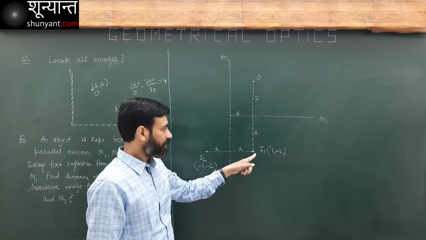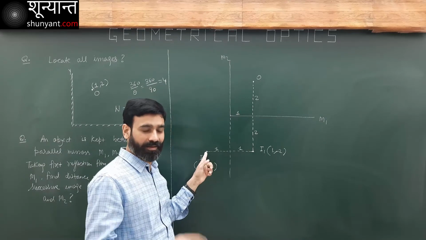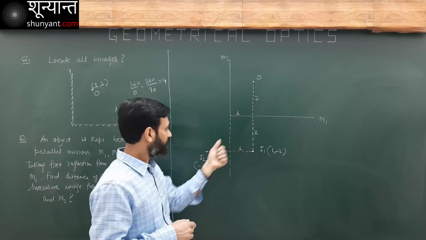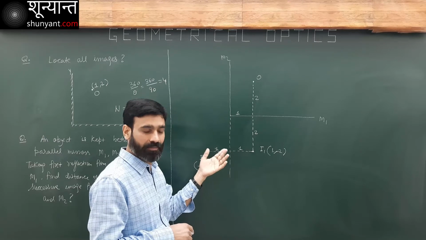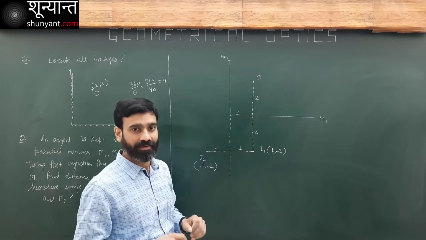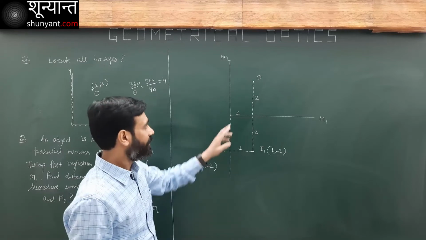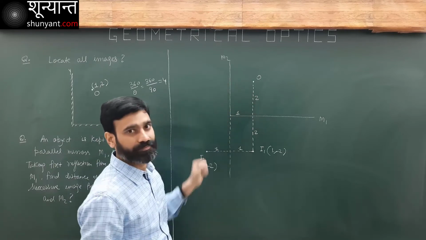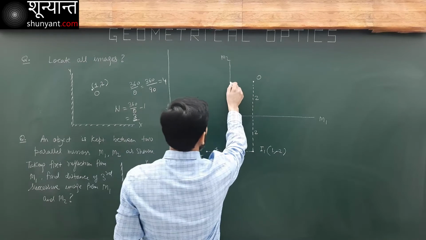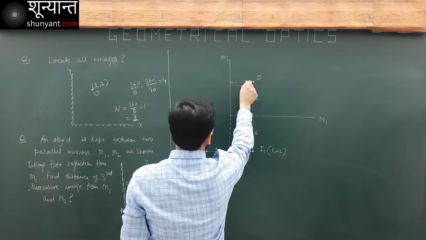This is from M1, M2. Next turn is for M1, but this falls behind the mirror. So there is no further image. We have to stop here. Now, next we will start from M2. Starting from M2, I get the first image here.